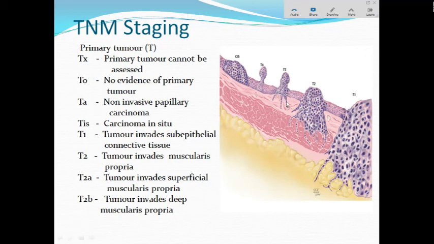Muscularis mucosa will be T1, but muscularis propria means proper muscle, detrusor muscle, will be T2. T2a is superficial, T2b is deep muscularis propria.